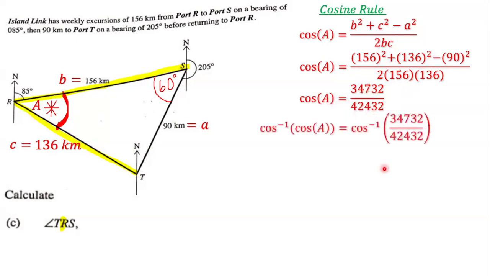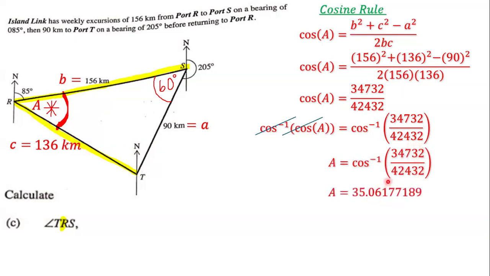And so what we're going to do is take the cosine inverse of both sides of this equation. This and this cancel out. So we are left with A is equal to cosine inverse of this fraction, which is equal to 35.06177189. Now, writing this correct to two decimal places, we know that this digit is 1.